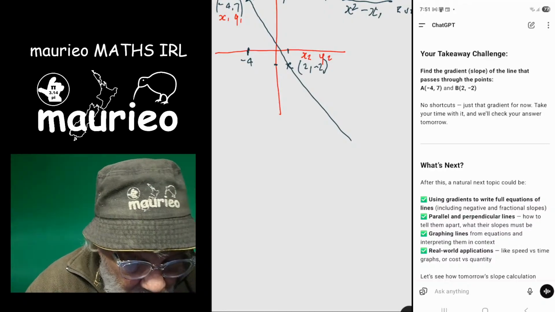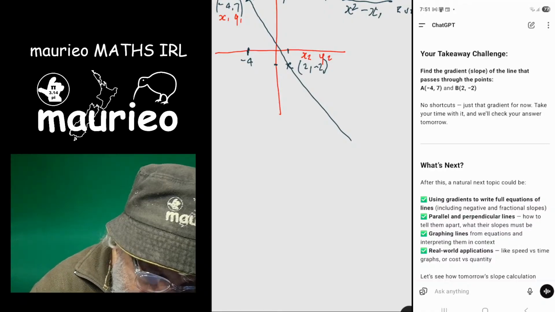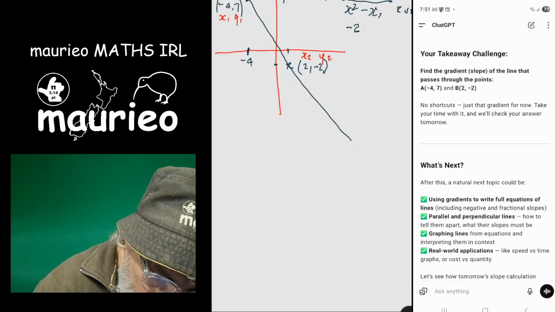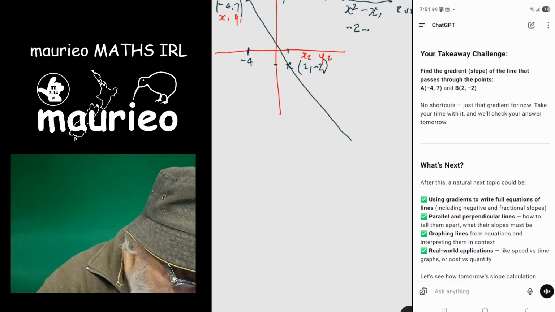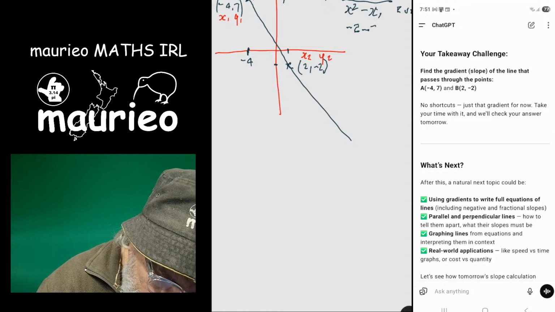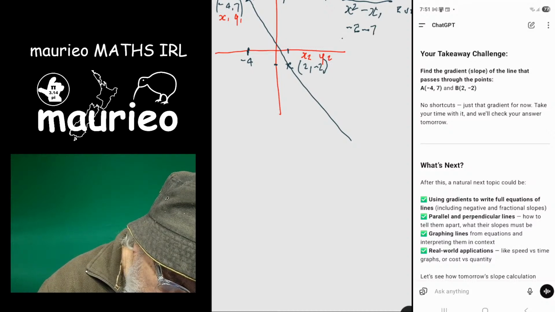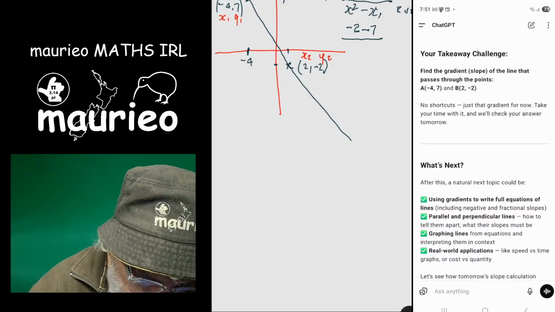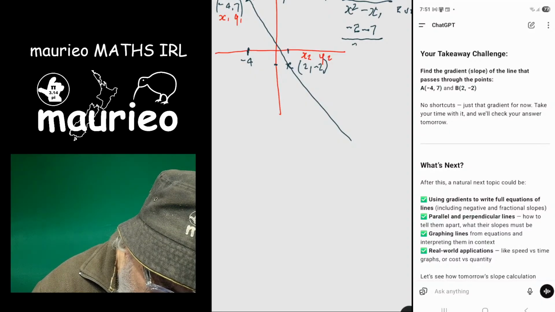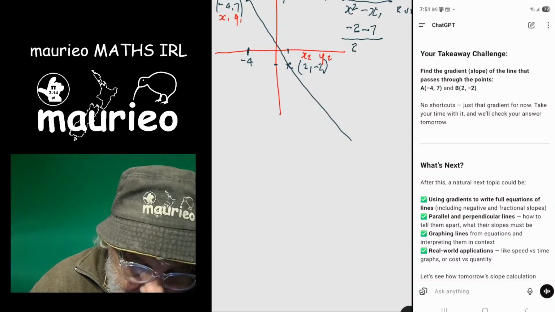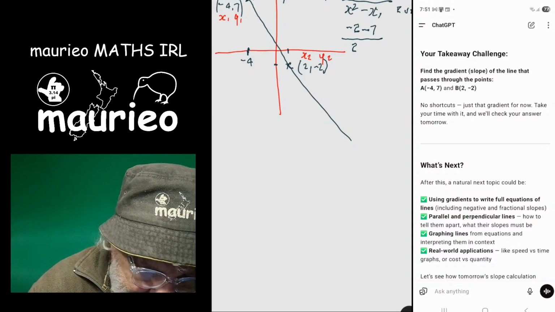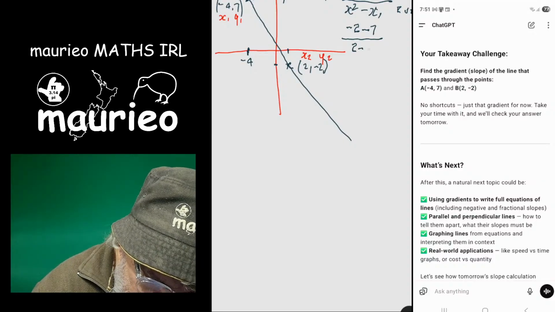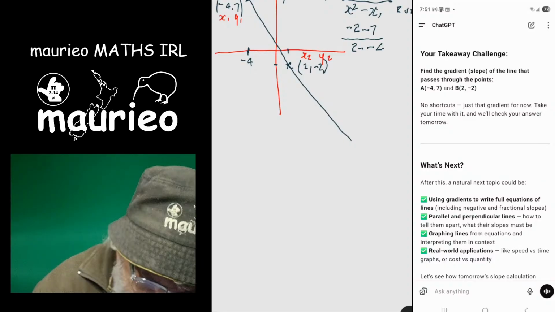So y2 is -2 minus y1, which is 7, over x2, which is 2, minus x1, minus -4.